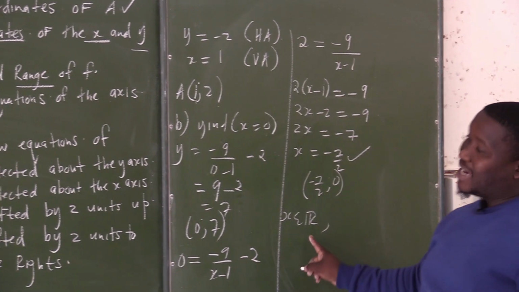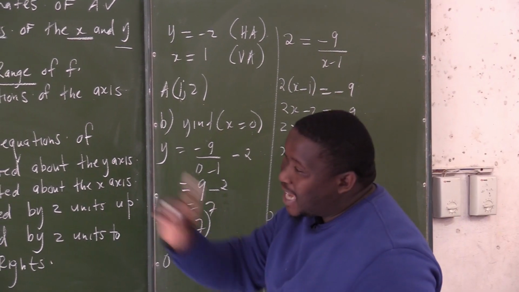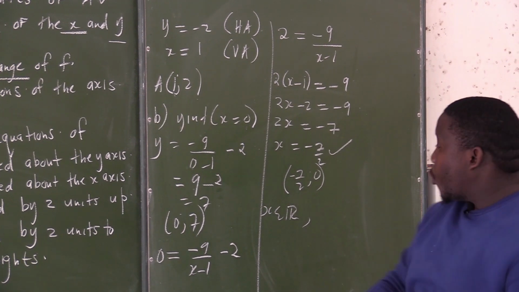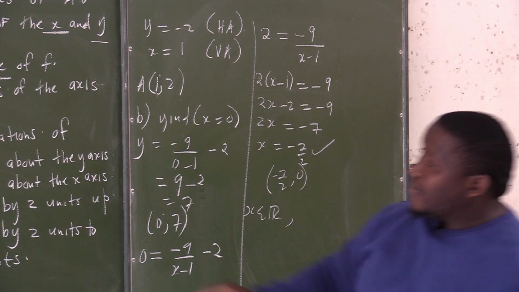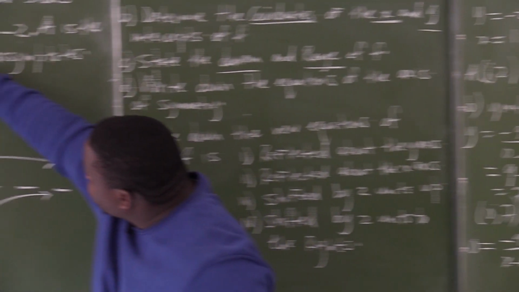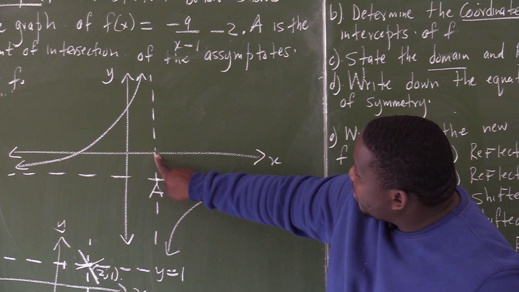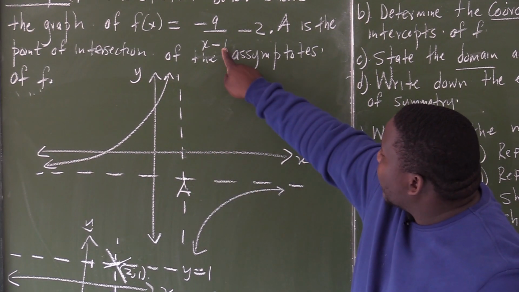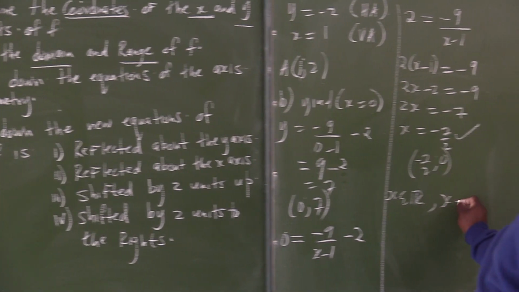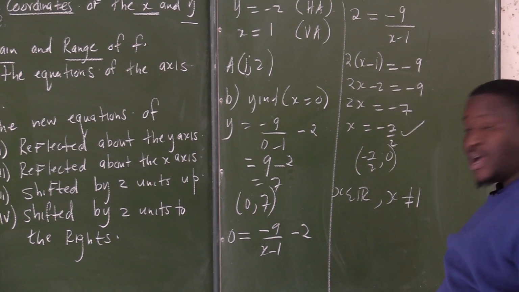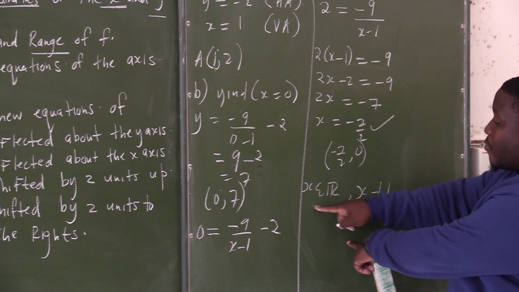But this graph will not intersect with the vertical asymptote. What is the vertical asymptote, guys? This is the vertical asymptote. It means x is an element of real numbers, but x must not equal 1. So this is now my domain.